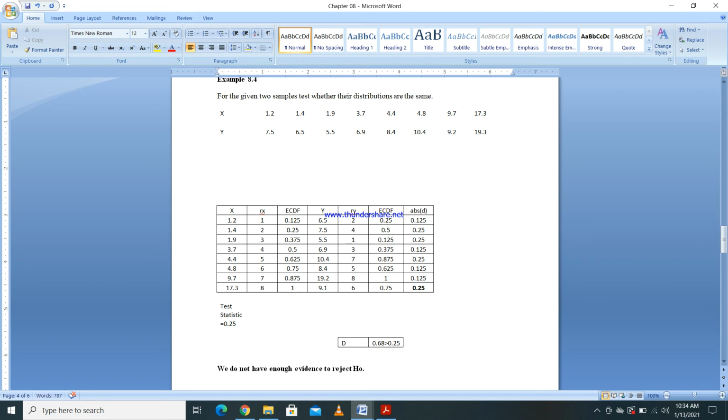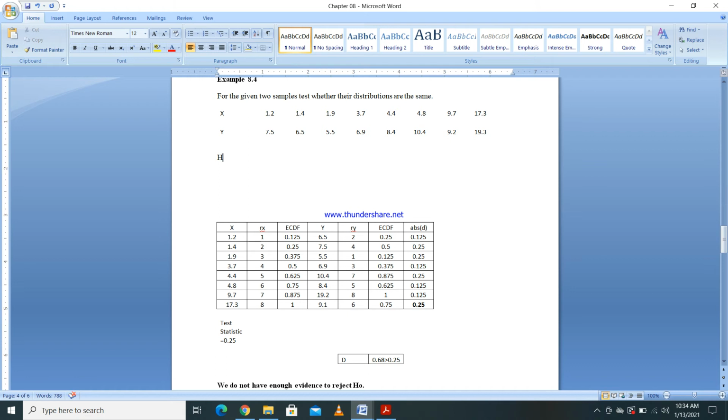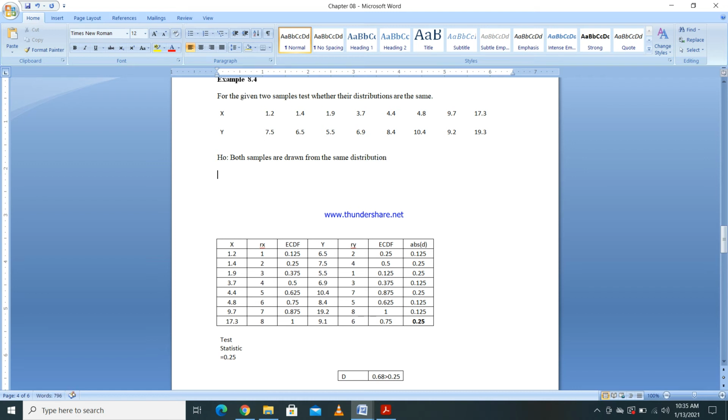Because here, when you are testing this, you can take as H naught, both samples are drawn from the same distribution, right?